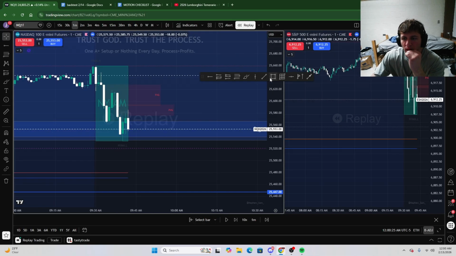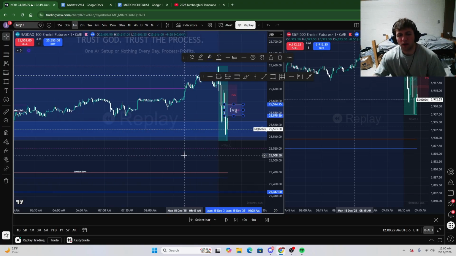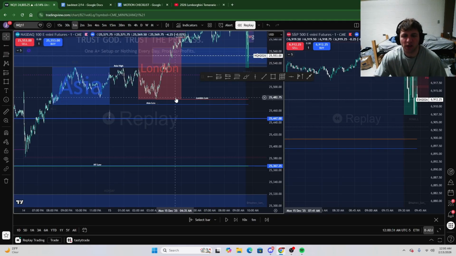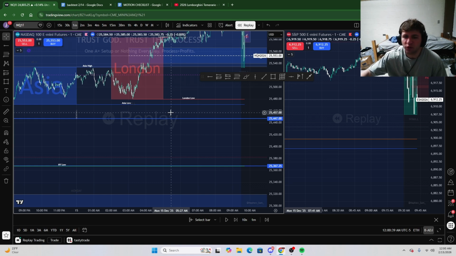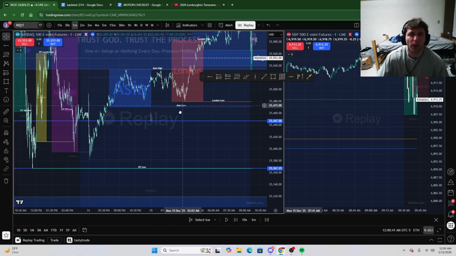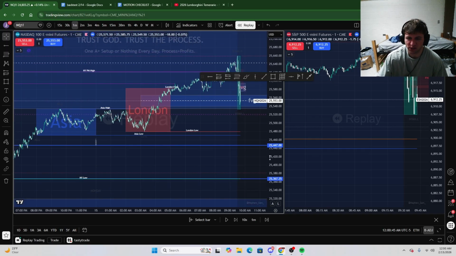So here's why drawn liquidity is so important. The reason why I wouldn't take this trade to London or Asia low is that I take them to places where I think price is going to reverse.